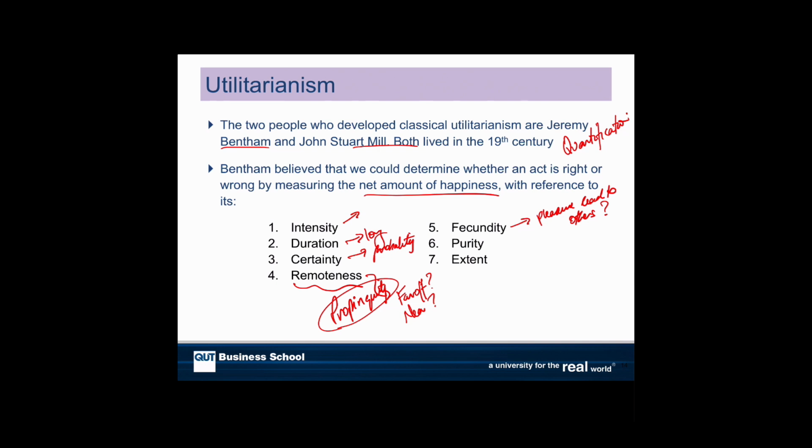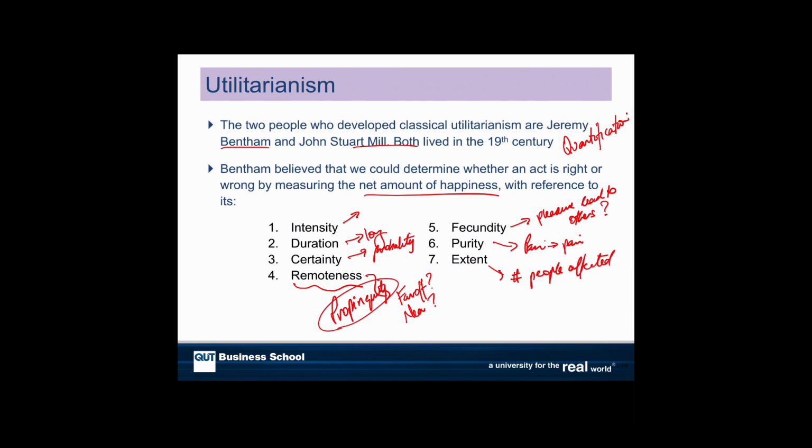Purity is actually more about pain, the opposite of fecundity. Will any pain lead to further pain? If you're in an accident, you might have a pain that then leads to needing an operation, which requires more pain. And extent is the number of people affected.